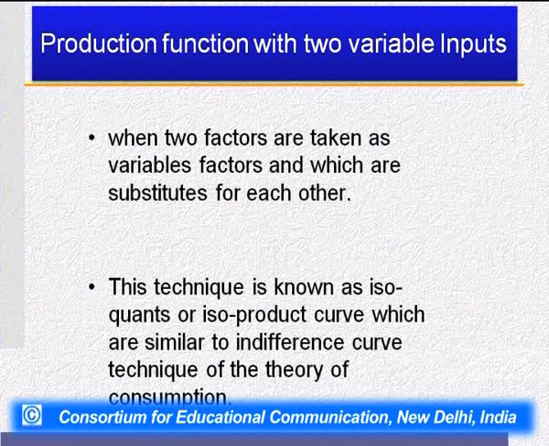Now, production function with two variable inputs. Here we are going to take an iso-product curve, which is quite similar to the indifference curve we discussed earlier. In the indifference curve, we talked about two commodities and utility.